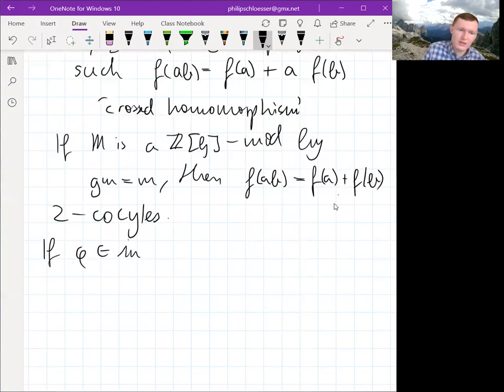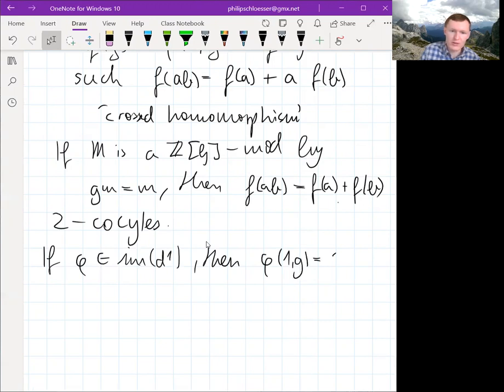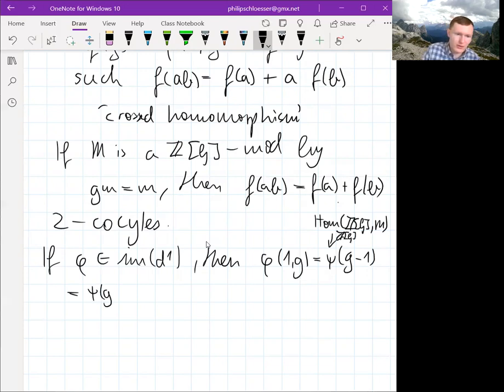If phi is in the image of D1, then this means that phi of 1 and G is equal to psi of G minus 1 for some psi from ZG to M. Which is then equal to psi of G minus psi of 1, which is then equal to G times psi of 1 minus psi of 1.